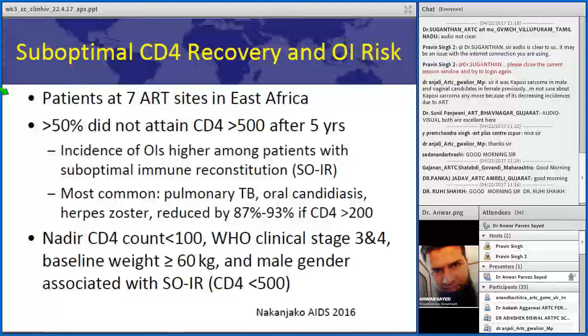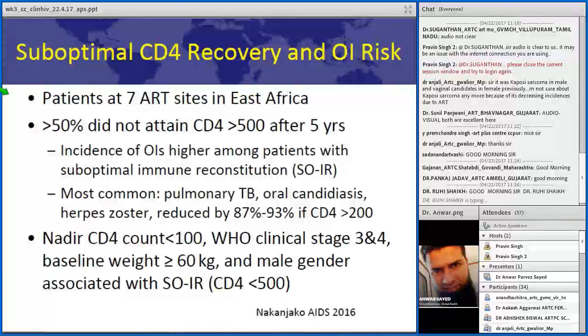The incidence of opportunistic infection was higher in those patients who had suboptimal immune reconstitution. If the nadir CD4, that is the initial CD4, is less than 100, WHO clinical stage is 3 and 4, baseline weight is more than 60, and male gender for some reason is associated with suboptimal immune reconstitution. If the immune reconstitution is suboptimal, that is not as expected, then again there will be more risk of opportunistic infections.